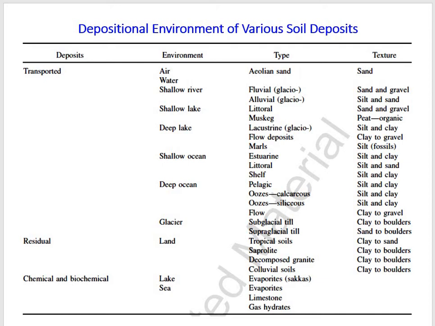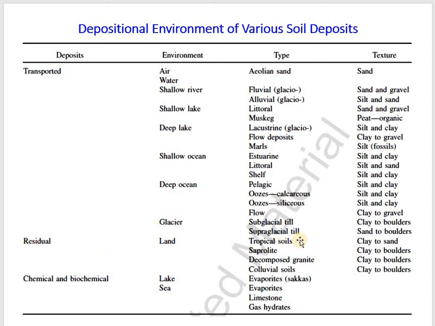If you see shallow ocean, as we were discussing in marine deposits, that is estuarine, littoral, and shelf. And what are the characteristics you can see? Estuarine has a characteristic of silt and clay. Littoral is silt and sand, and if you move to shelf, then it is silt and clay. So various soils have various textures and characteristics.